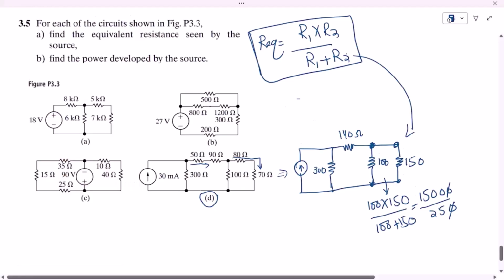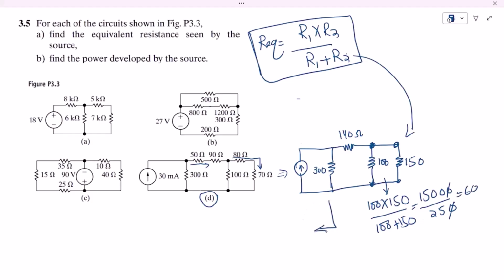So the equivalent of it is 60. I can write it like this: the source, with it in parallel the 300 ohm resistor, then the 140 ohm resistor which I have got, and the equivalent of the parallel resistors 100 and 150, which is 60 ohm.